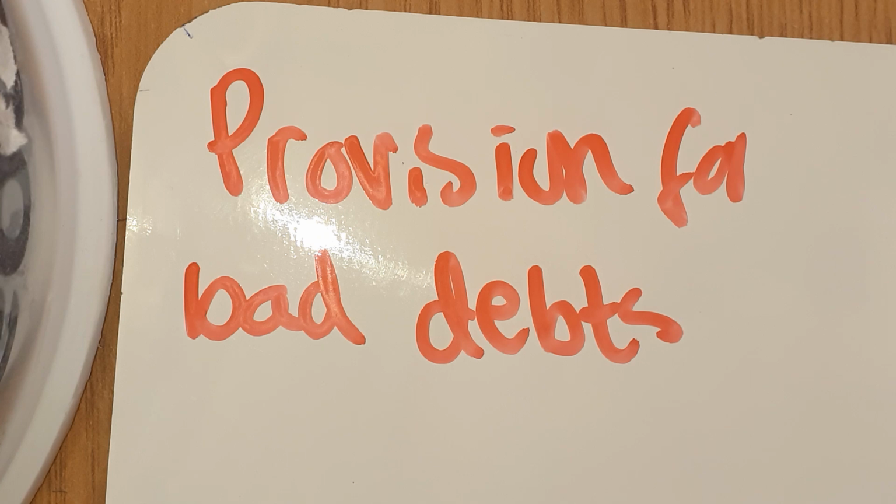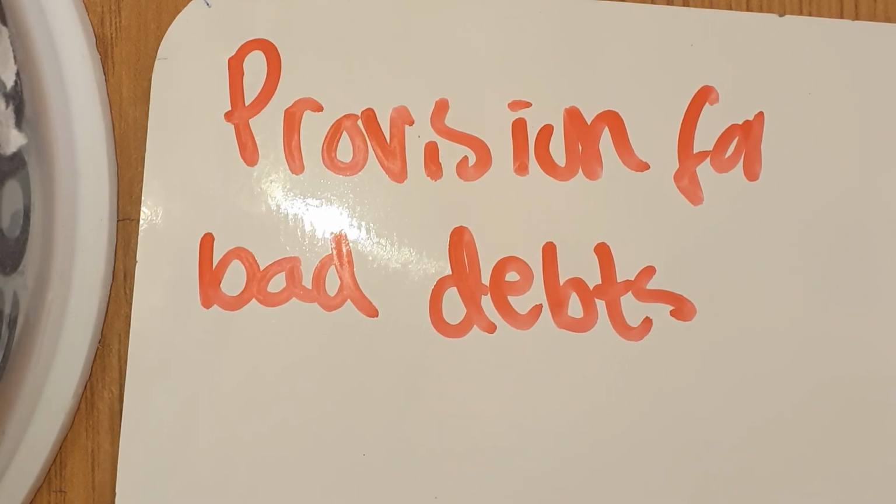It's a business saying, normally, on a yearly basis, we have observed a pattern that 5% of our debtors never pay back their debts. So every year, that business will do a provision for bad debts.